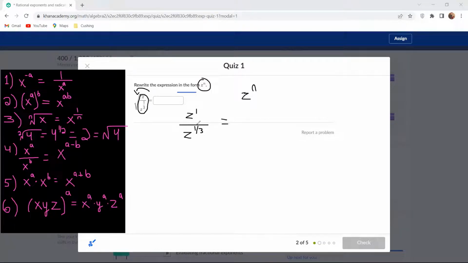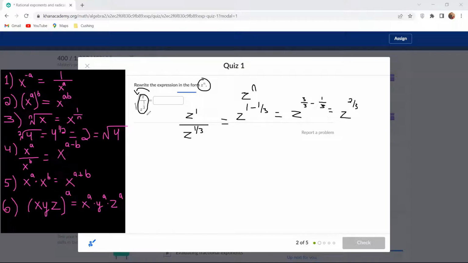So all we're going to do here is subtract the exponents. So it's going to be z to the 1 minus 1/3. It seems very tricky, but that's kind of straightforward. So what is 1 minus 1/3? Well, 1 is 3/3. So 3/3 minus 1/3 is 2/3. So I have z to the 2/3.